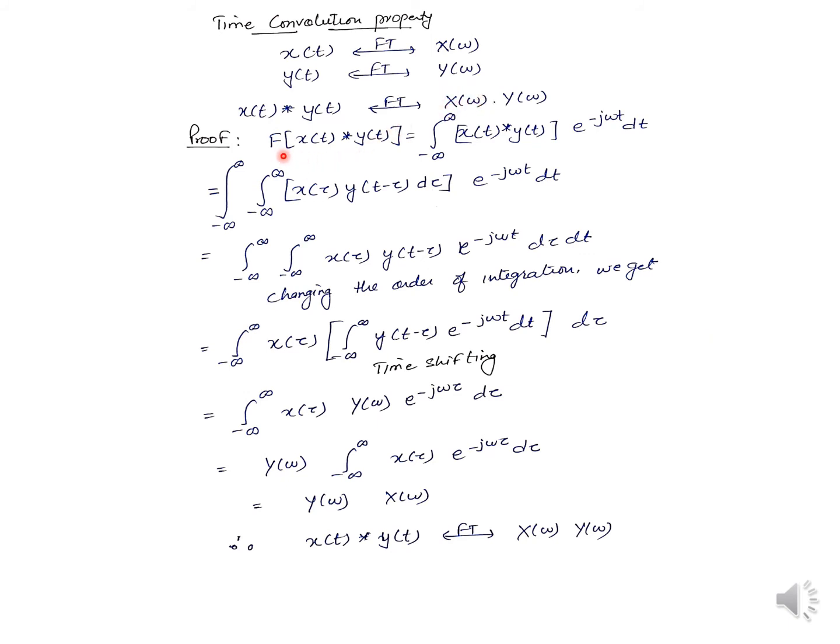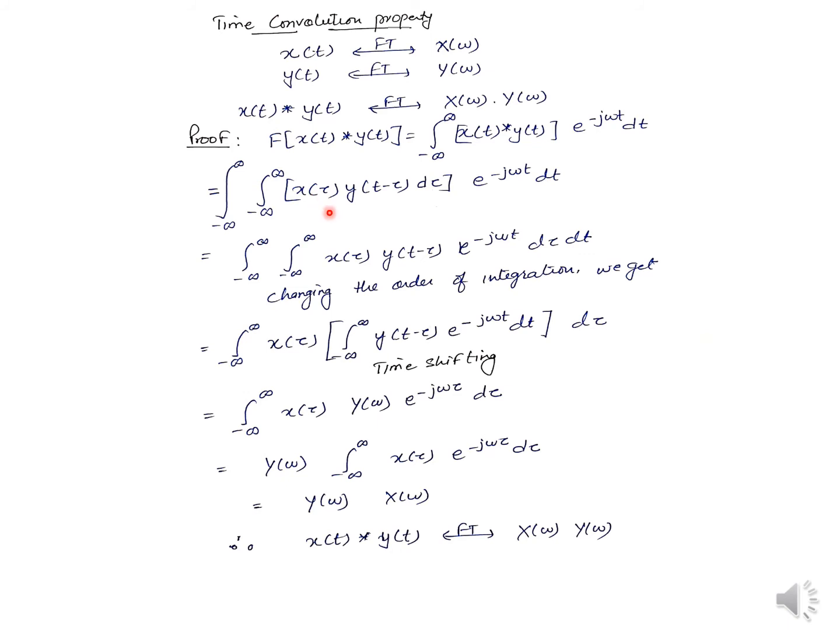So we need to find the Fourier transform of this. In integration form, the Fourier transform of x(t) convolution y(t) is the integral from minus infinity to infinity of x(t) convolution y(t) e raised to the power minus j omega t dt. We know how we find the convolution. If you don't know, then you must look at the chapters in which I solved convolutions in detail.